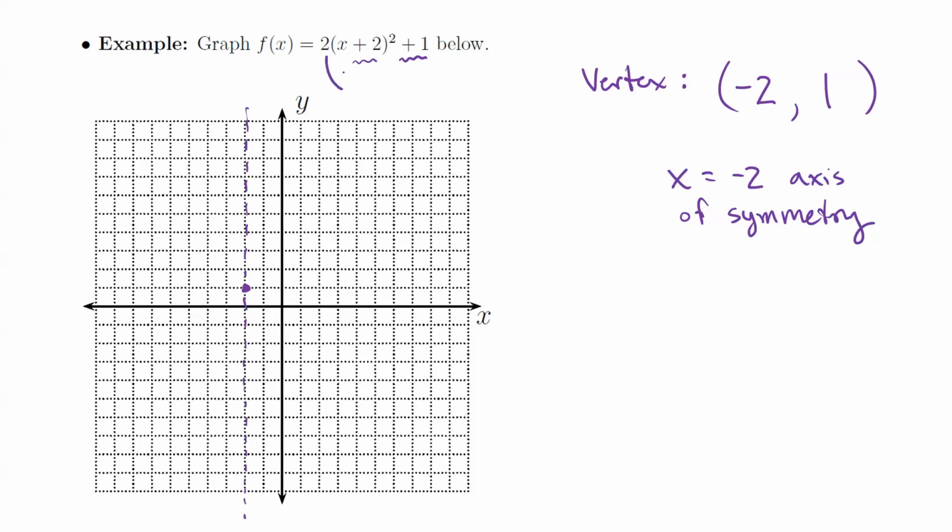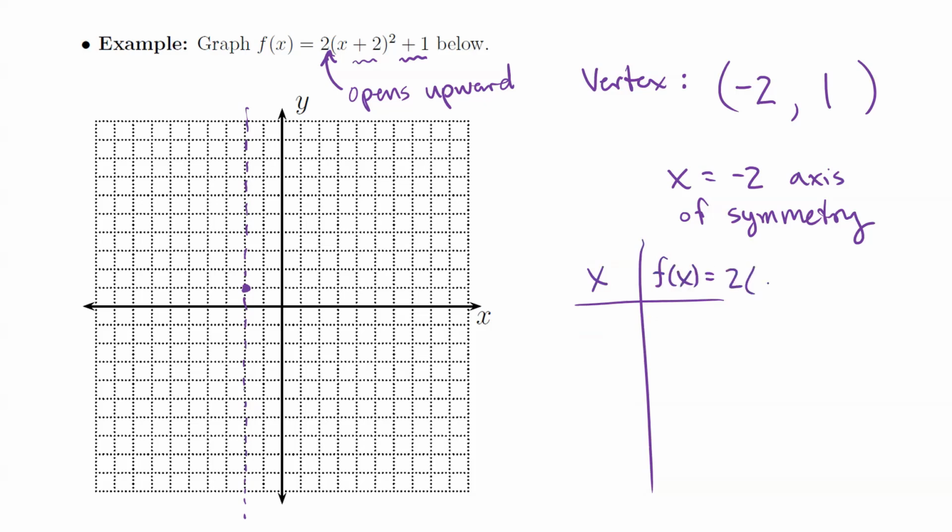And then because the number out front here is positive, we know that the parabola opens upward. So when we make our table of values, we can understand that we're going to work off of that axis of symmetry. So -2, since x equals -2 is our axis of symmetry, is where we want to have at the center of our table.